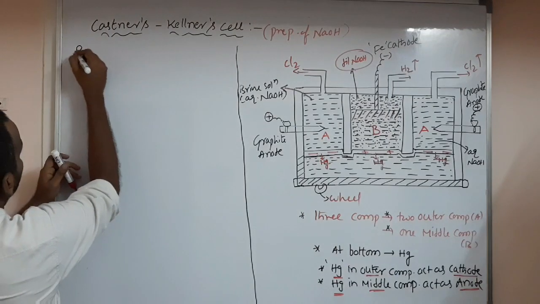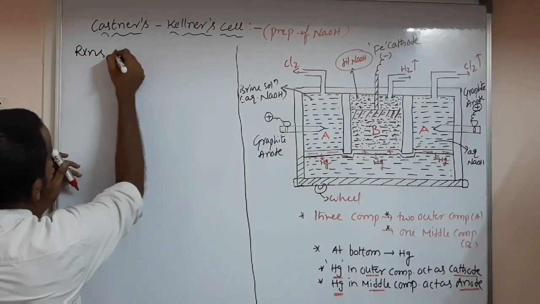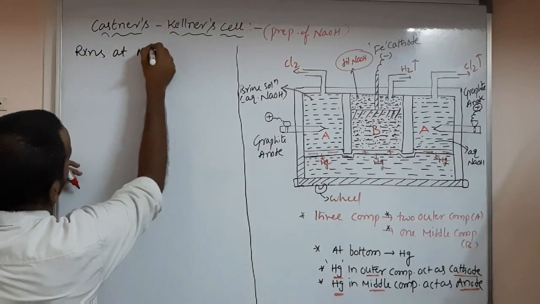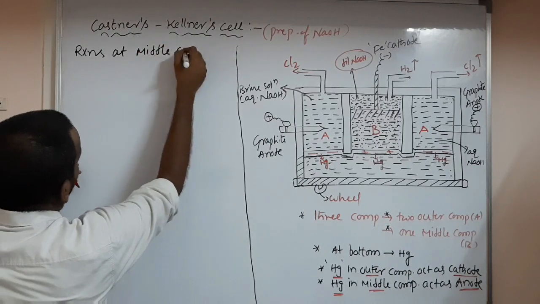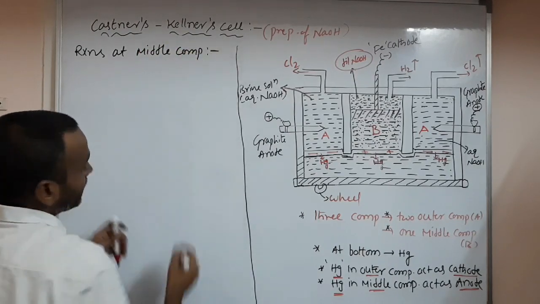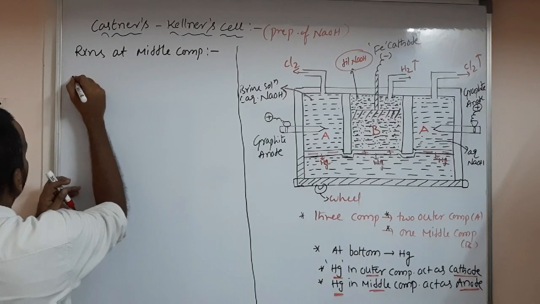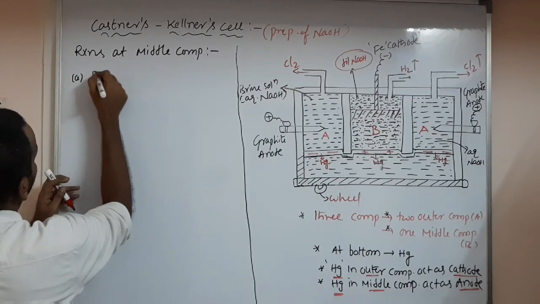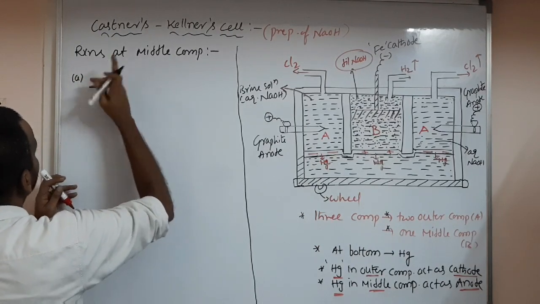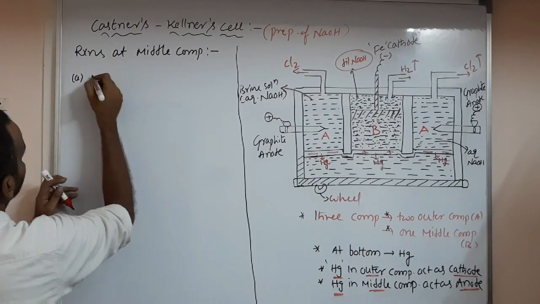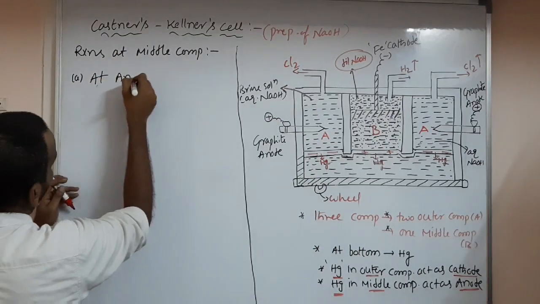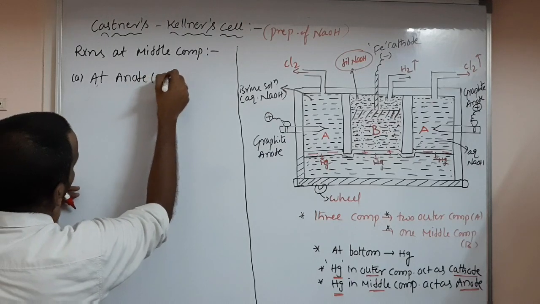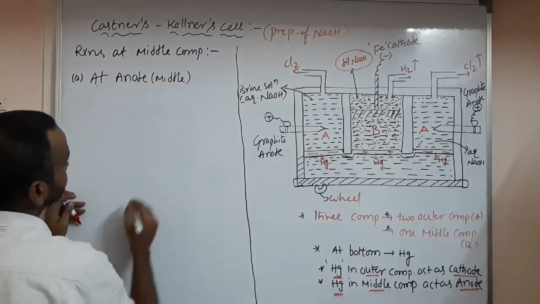So now what are the reactions at middle compartment? Reactions at middle compartment. Say first the reaction at anode, I will write simply at anode, but in the middle compartment.